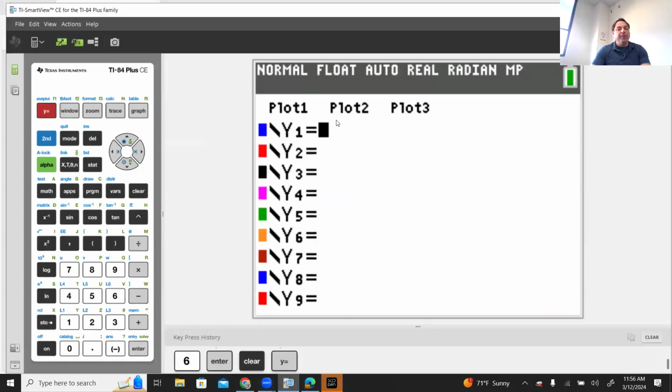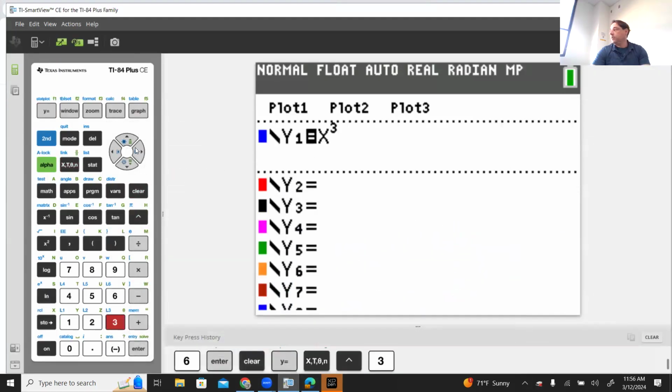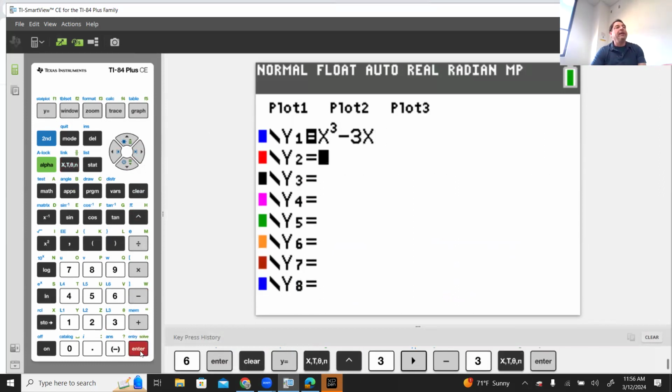Please make sure your plots are off. Minus 3x. Okay, so remember, we're doing the extrema of the original, which goes back to the original.